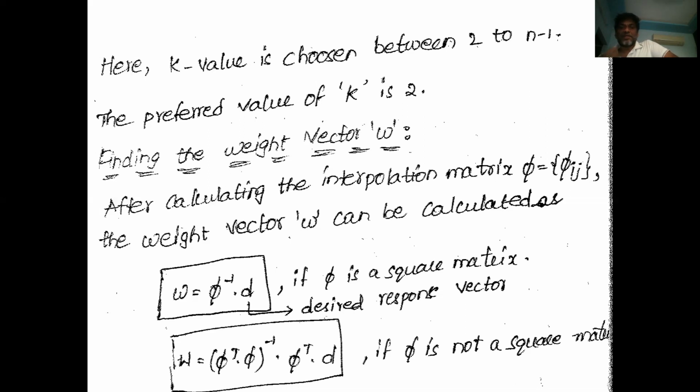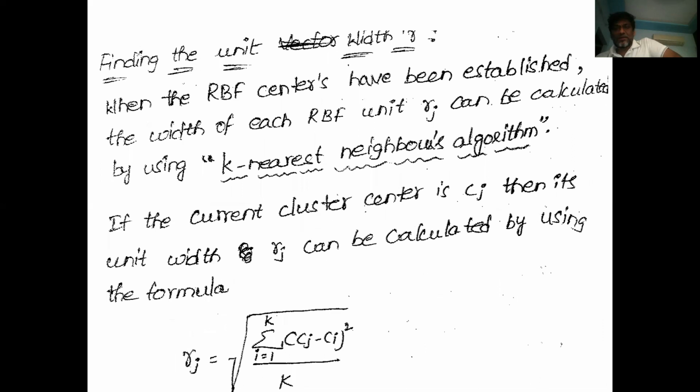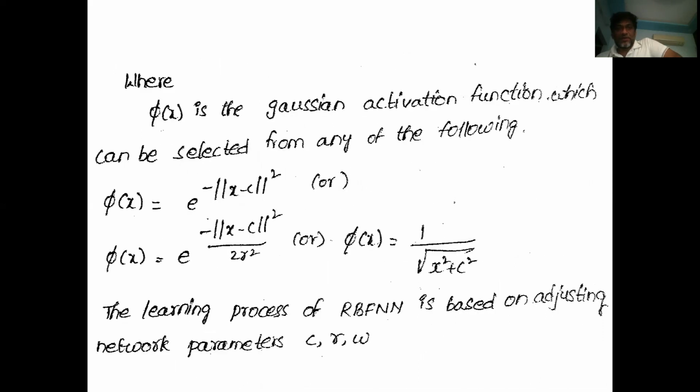Okay, and then the steps involved in the training process of RBF neural network involve three things. We have seen the options for phi of x also. Three options we mentioned. One is e power minus norm x minus xi whole square, that is c whole square. The other one is phi of x is equal to e power minus x minus c whole square by 2r square.